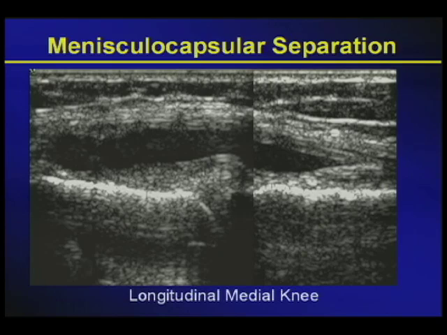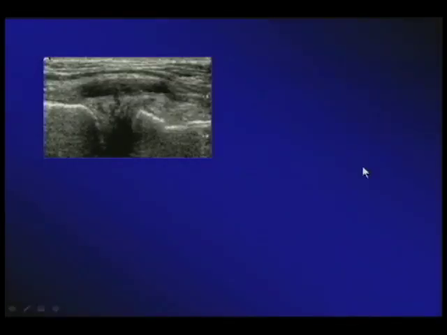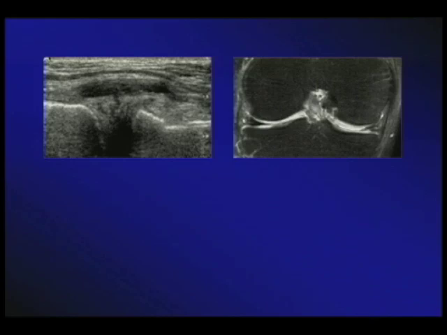But with ultrasound, you could see that instead of an ice cream cone, you have a whole pancake across the entire posteromedial part of the knee, where you see this fluid collection coming all the way from the femur to the tibia. So for meniscocapsular separation, it is a larger amount of fluid, often associated with a tear not only of the capsule from the meniscus, but also to the intrasubstance portion of the knee.